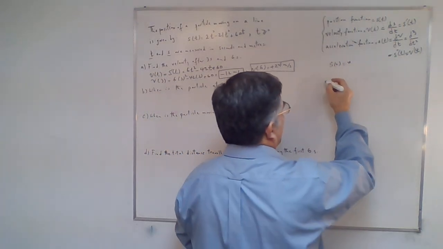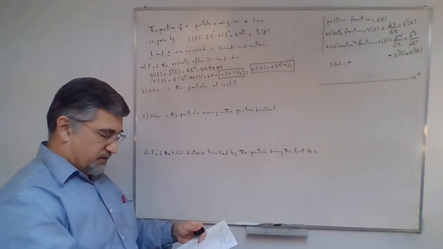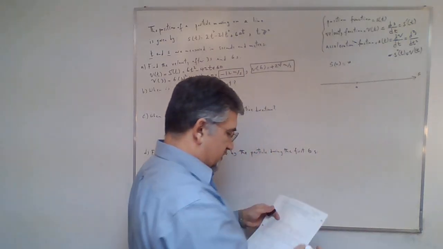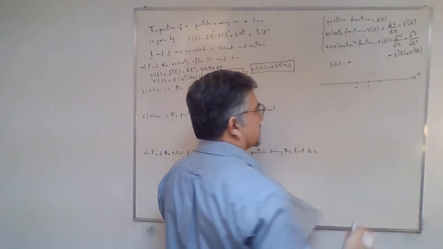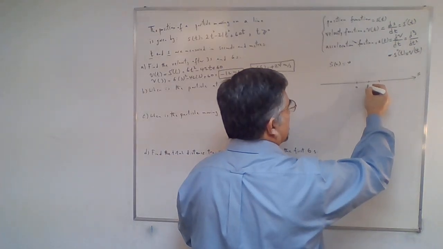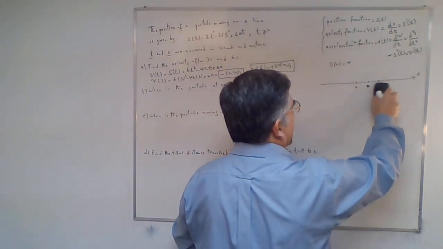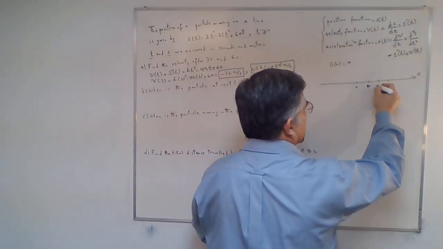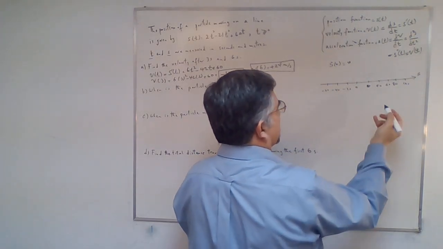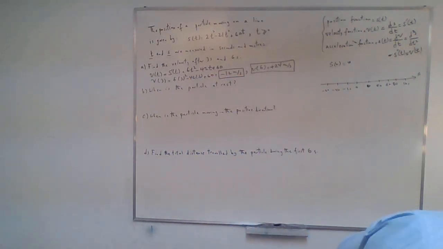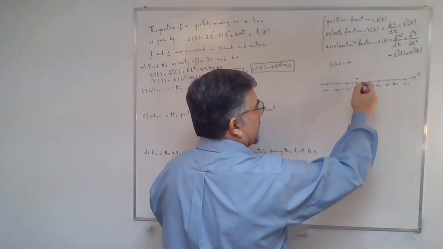So if I draw a number line, if this is s, the position of this moving particle, and this is the origin, 0, with maybe 20, 40, 60, 80, 100 on one side and negative 20, negative 40, negative 60 on the other, all I know is that this moving particle was at the origin at t equals 0.